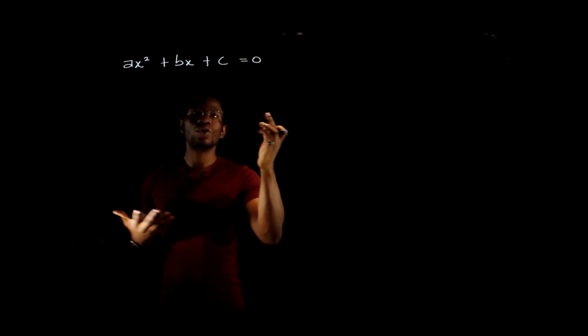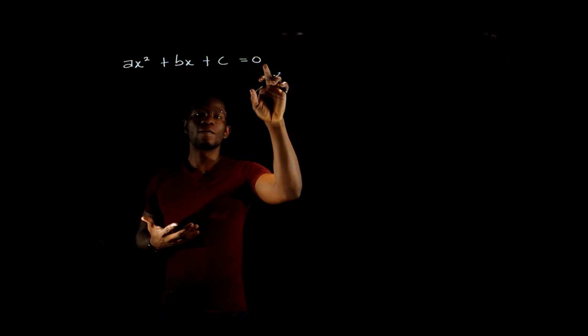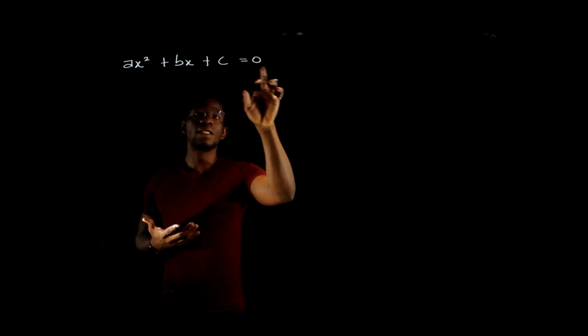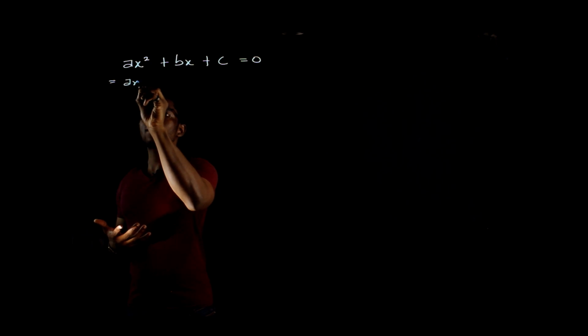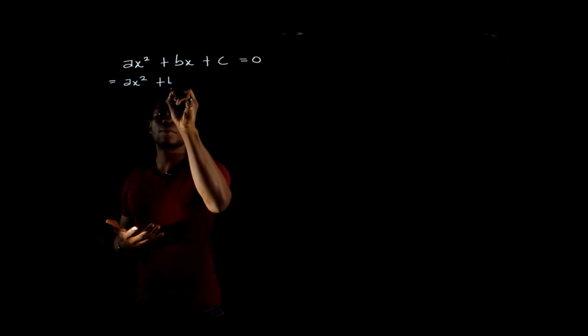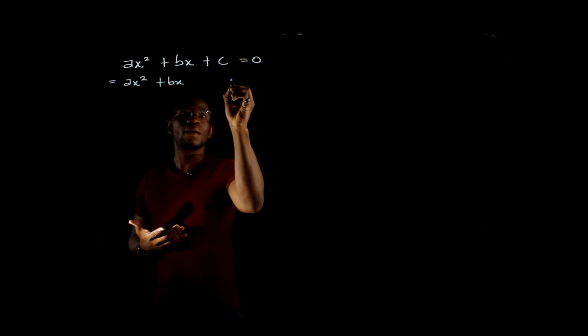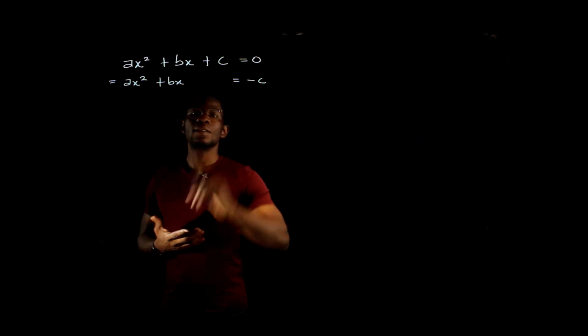The first thing we do usually is move the constant term to the other side of our equation. So if we subtract c from both sides, our equation becomes ax squared plus bx equals minus c.